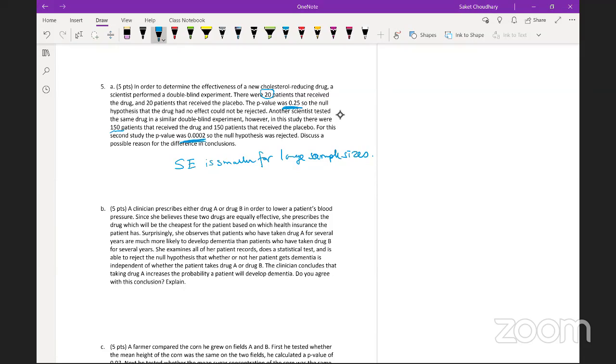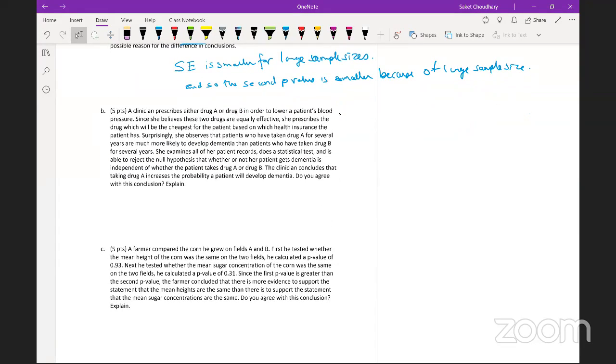But if you sample more patients and there is some effect size, then the p-value has a higher probability of being significant just by virtue of your sample size, right? And so the second p-value is smaller because of the large sample size.